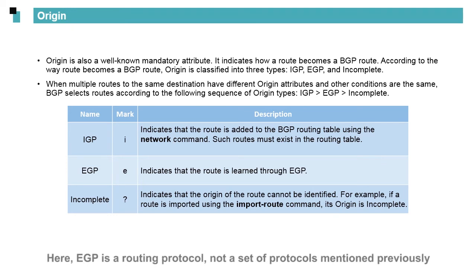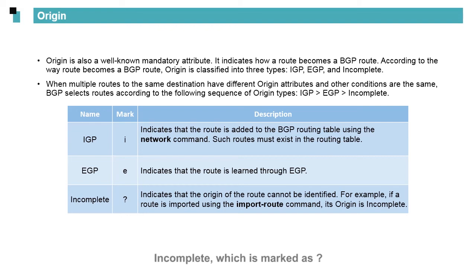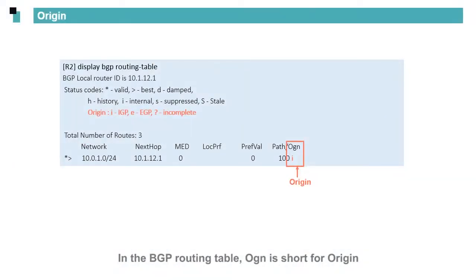Here, EGP is a routing protocol, not a set of protocols mentioned previously. Incomplete, which is marked as a question mark, indicates that the origin of the route cannot be identified. For example, if a route is imported using the import-route command, its origin is incomplete. In the BGP routing table, OGN is short for origin.